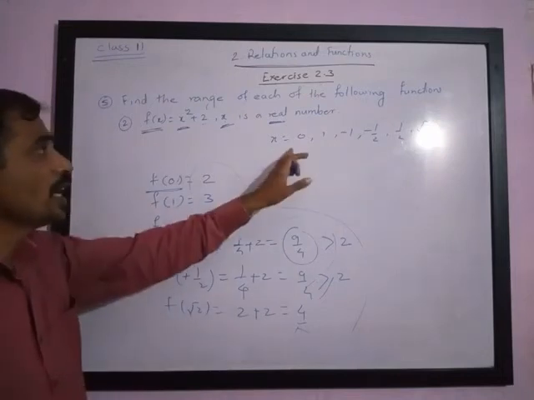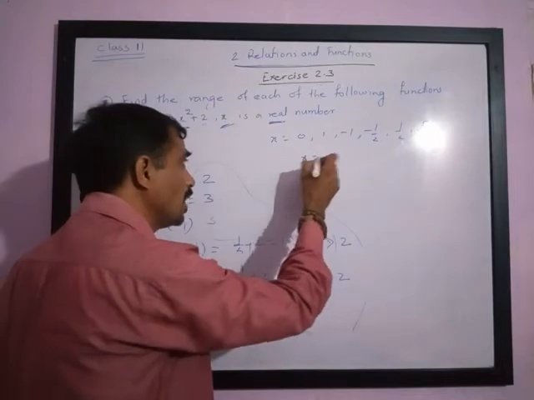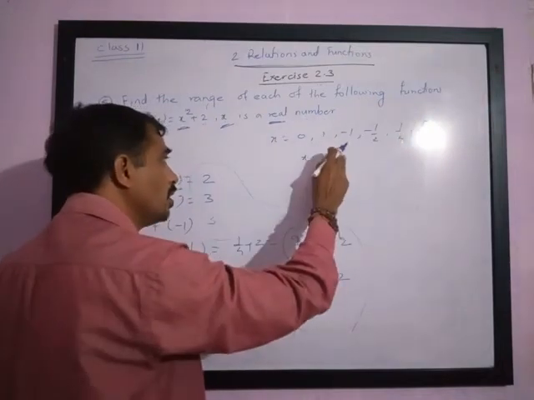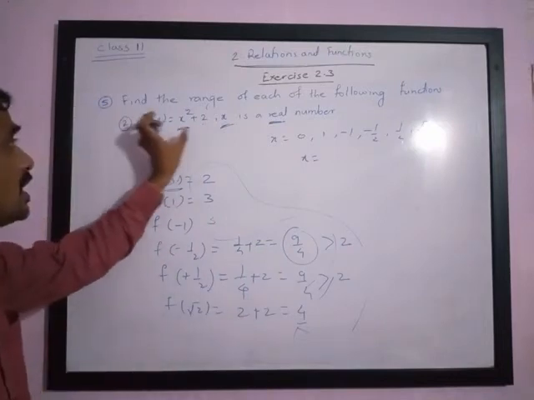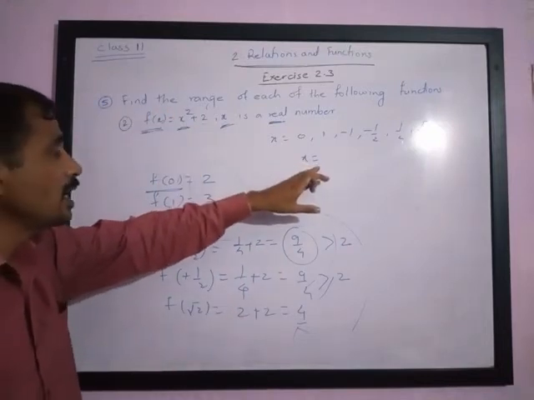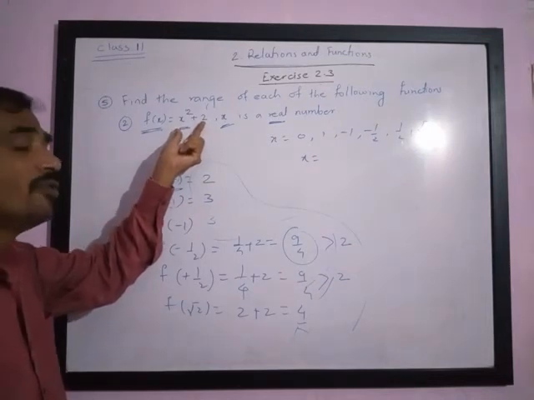Now, if you take a very large value, f of x is equal to something like 100, 200, 300 or lakh, 10 lakh, you will understand that f of x can have a value greater than it, and it can lead up to a very large number.